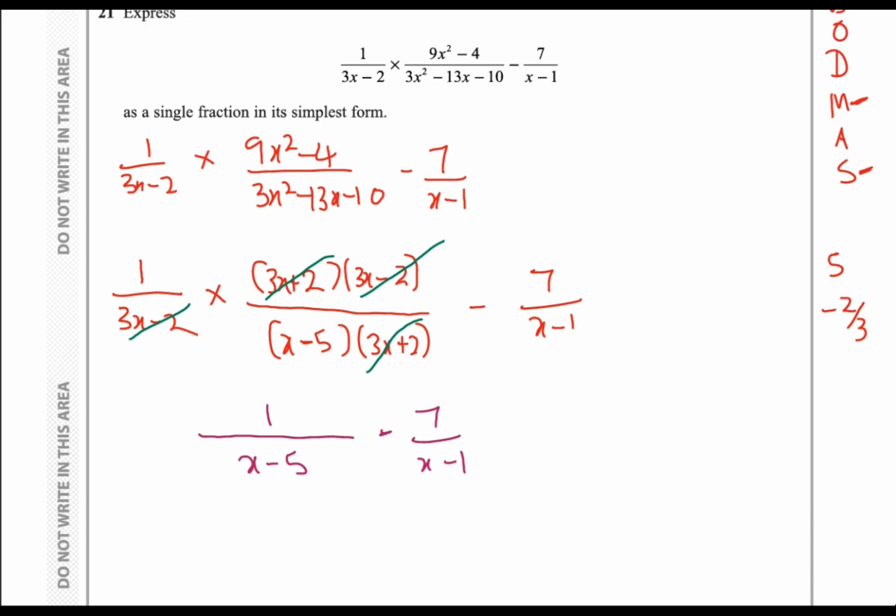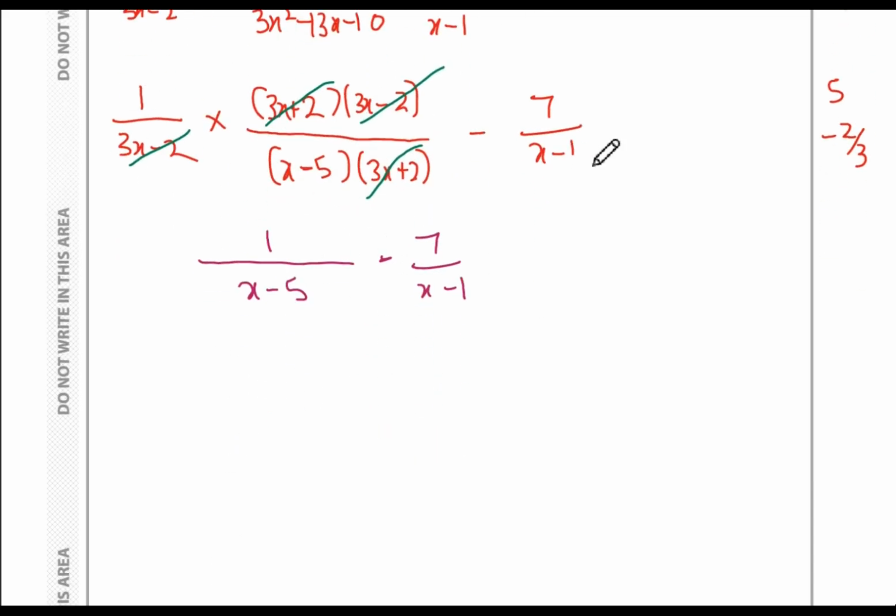Now we've simplified this big thing over here just to 1 over x minus 5, and it's just a matter of solving this. So I take a common denominator in this case. What's my common denominator? Simply this multiplied by this, so it would be x minus 5 times x minus 1. And what would I do to the top? I would cross multiply.